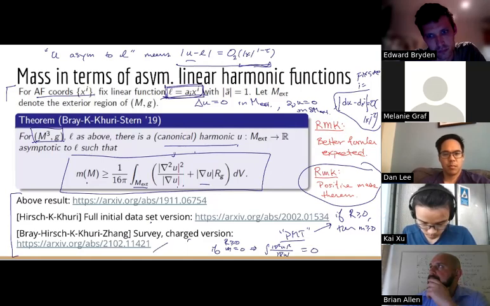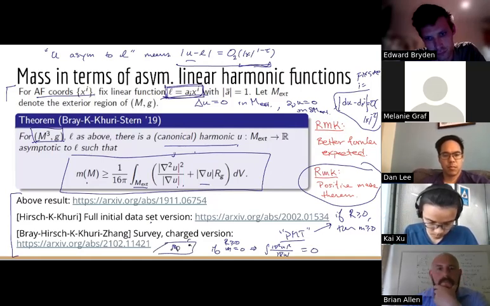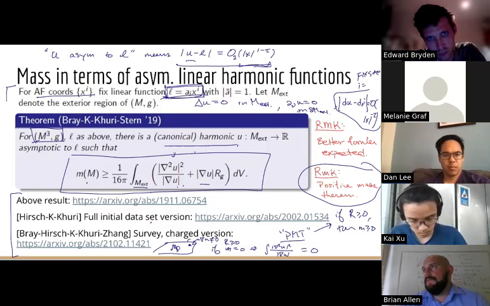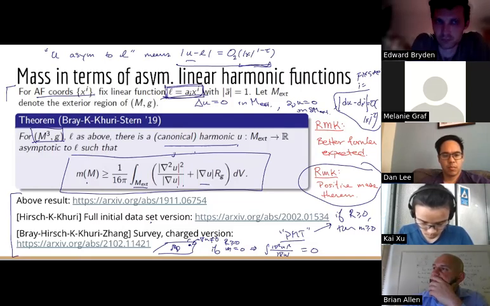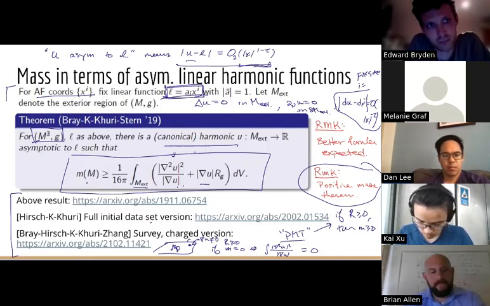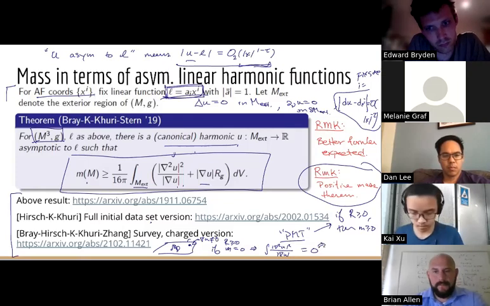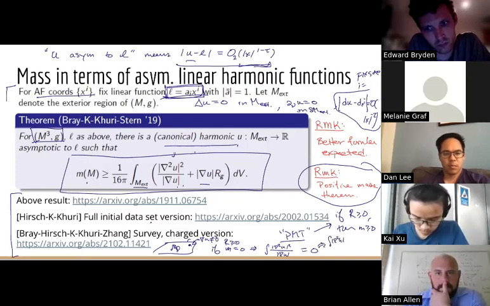But way far away, the gradient of u is not 0 for sure, because it's supposed to be asymptotic to a constant, grad xi. So way out at infinity, the gradient doesn't vanish, and at infinity you know that the Hessian will have to vanish. Then you could integrate the fact that the gradient is non-zero way out here, along a curve into the interior of the manifold. Anyways, you'll end up finding that the Hessian has to be 0.